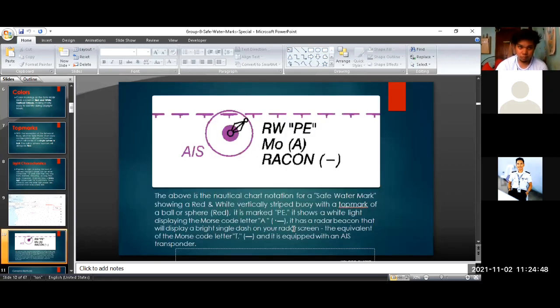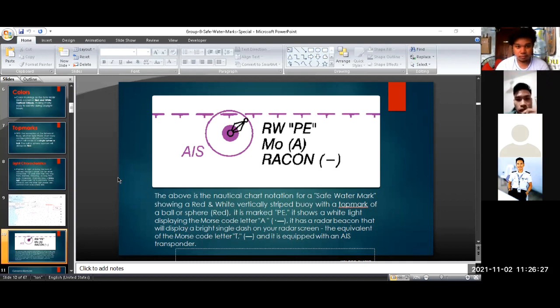This report is to be followed by my other group mates. The above is the nautical chart notation for a safe watermark, showing a red and white vertically striped buoy with a top mark of a ball or sphere, which is red.